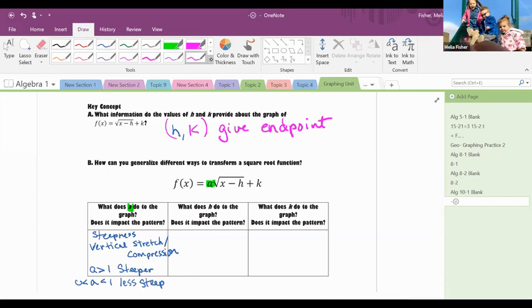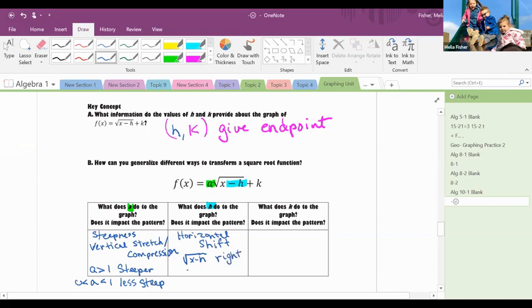We'll do H, and we still have a horizontal shift, right? And we know that the square root of x minus h will move us right, and x plus h will move us left.